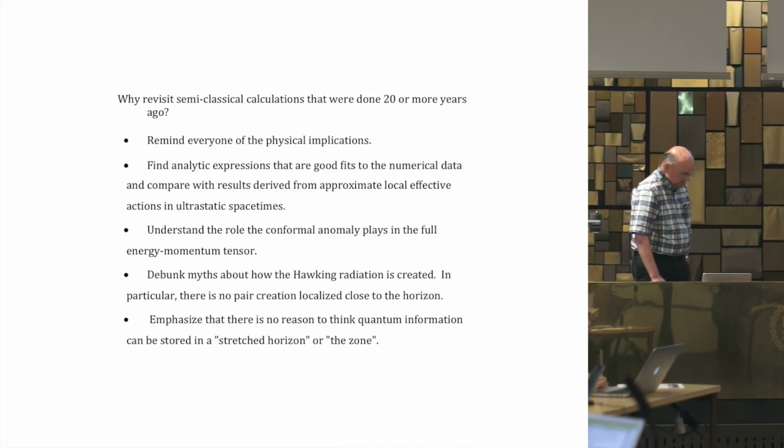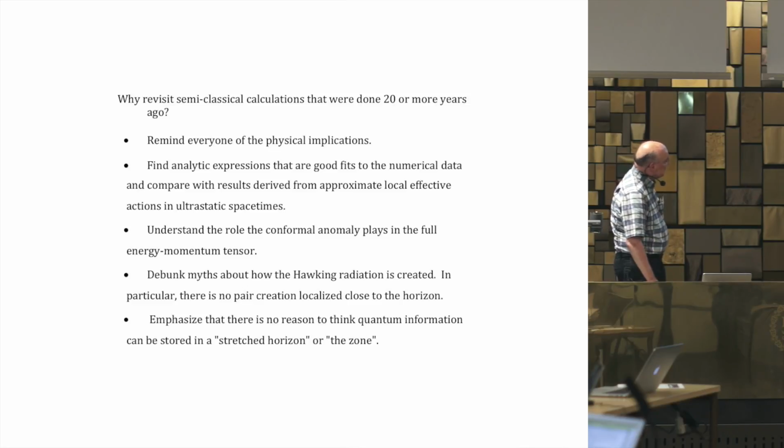The other is that a lot of the results on the energy momentum tensor around these black holes, the expectation value of the quantum energy momentum tensor, were numerical results of rather lengthy, complicated calculations.